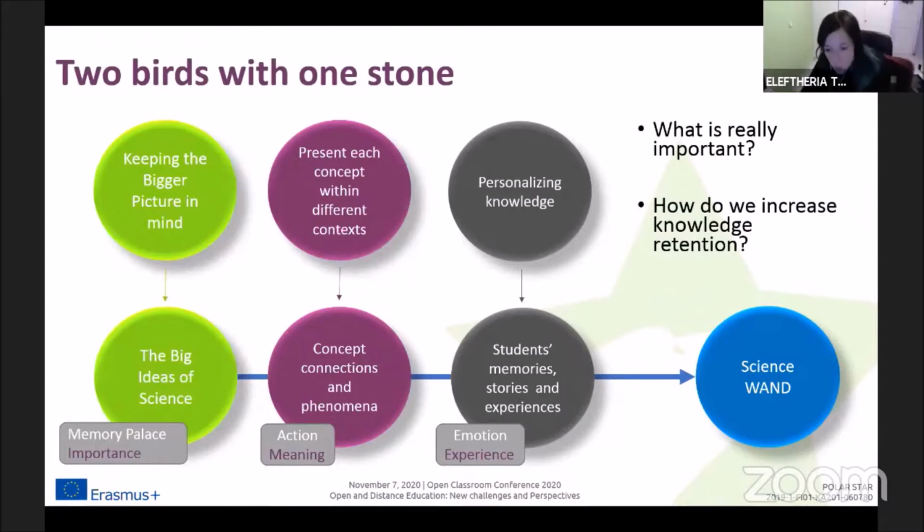And the tool we're going to give you, the digital tool, the Science Wand, is related to revisiting and reviewing.